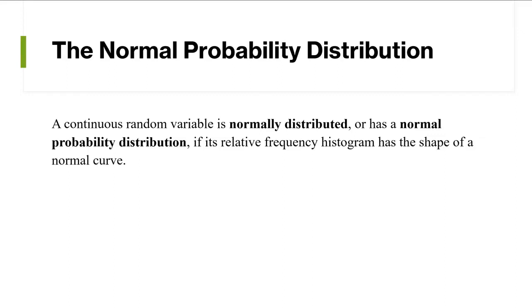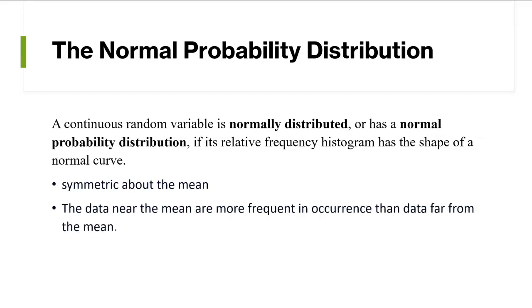So if you graph its histogram and it has the shape of the normal curve, then that is a normal probability distribution, all right? Normal probability distributions are symmetric about the mean. That means that line I talked about drawing down the middle, cutting it in half, that line is the mean. And the data near the mean are more frequent in occurrence than data far from the mean.